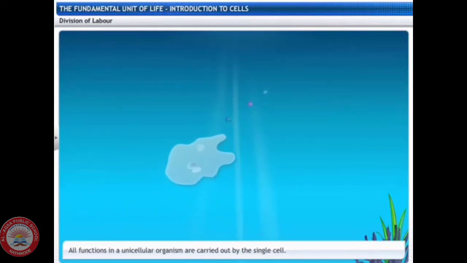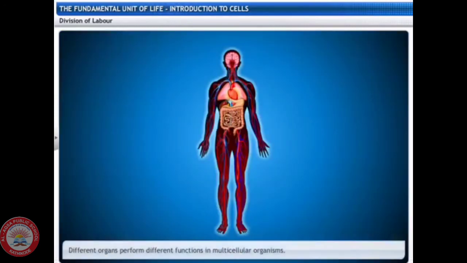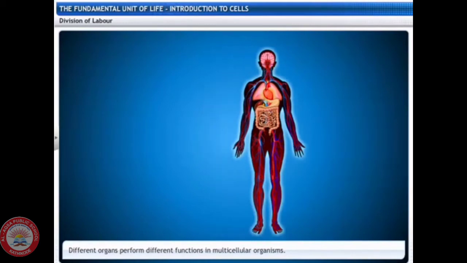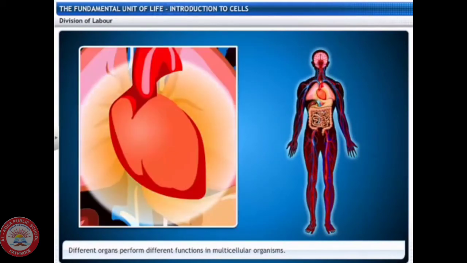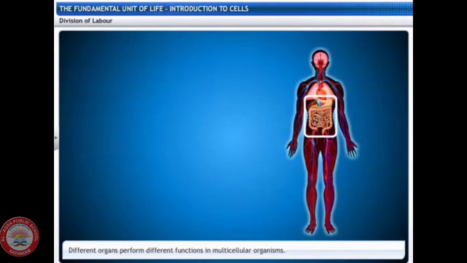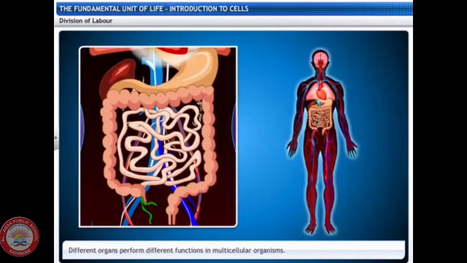For example, in a unicellular organism like amoeba, that single cell is responsible for movement, intake of food, exchange of gases, excretion, etc. On the other hand, different organs perform different functions in multicellular organisms like human beings. For example, in human beings, there is a heart to pump blood, a stomach to digest food, and kidneys for excretion.